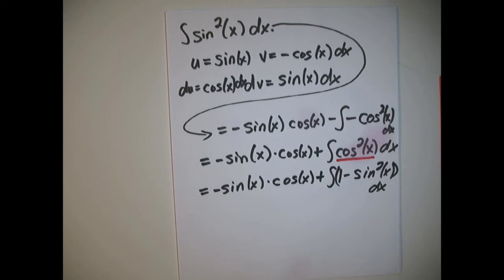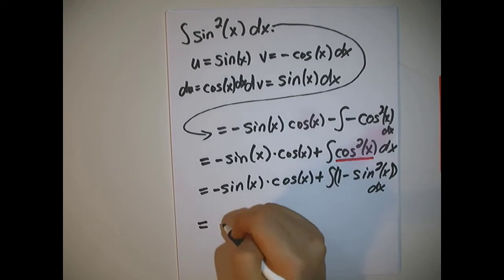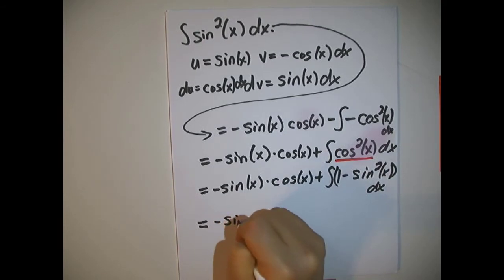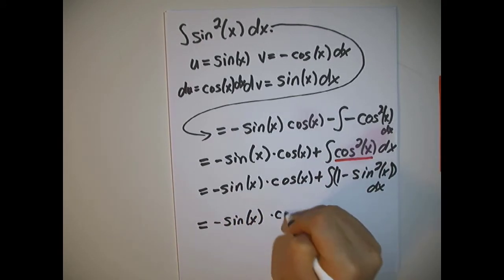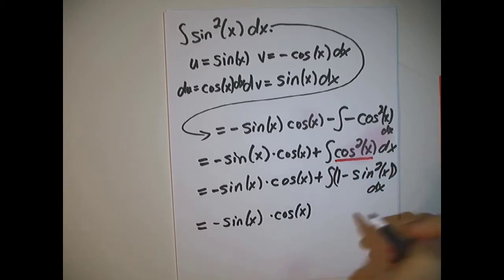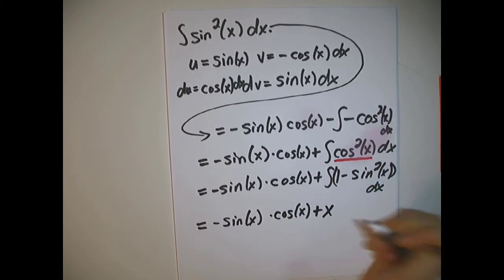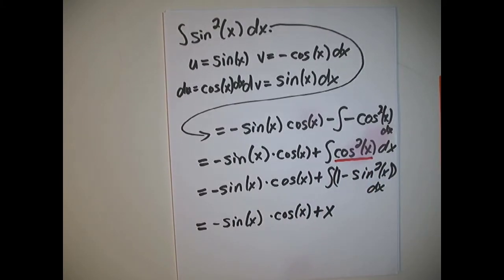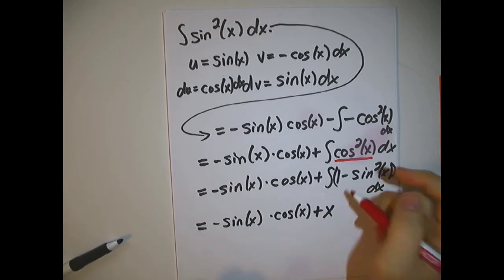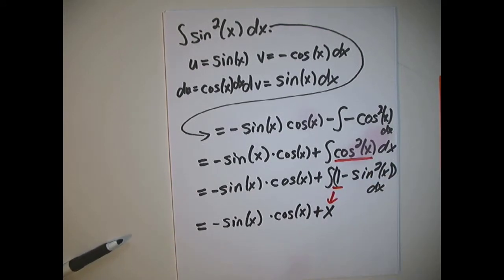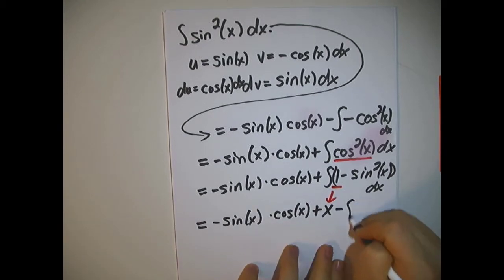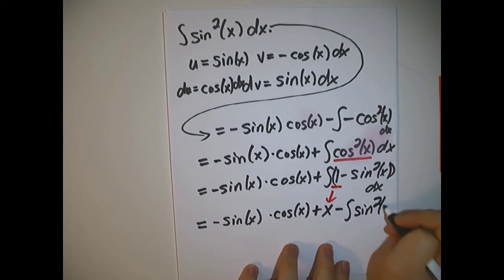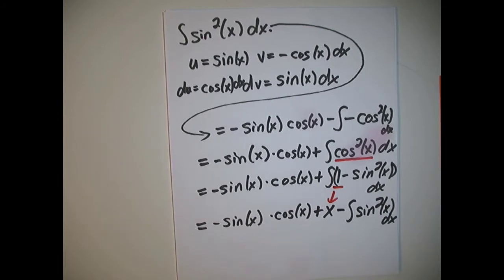Okay, and so, continuing onward, that gives us minus sine of x times cosine of x plus x, because x is the integral of 1 here. That integral comes down there to be x. And then minus the integral of sine squared of x dx.